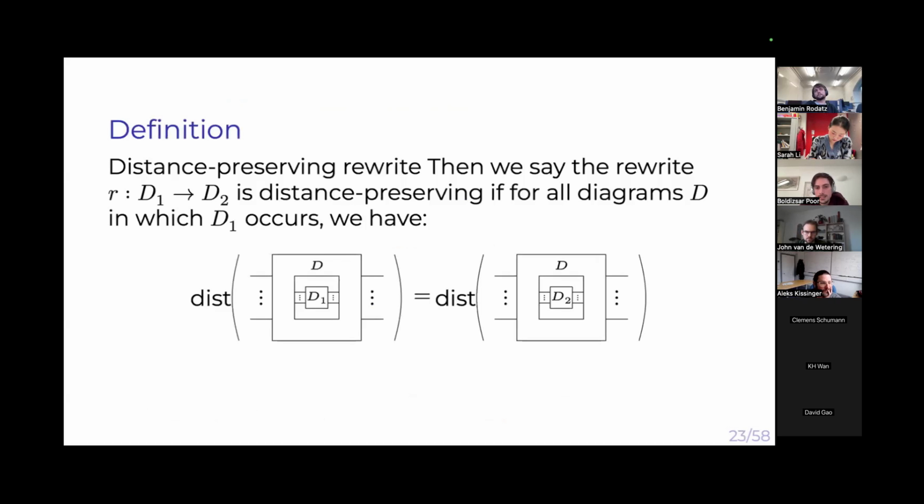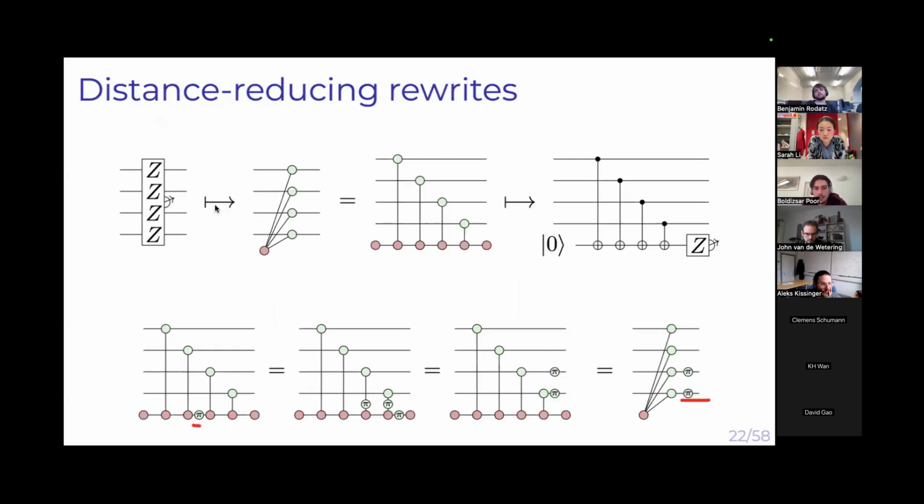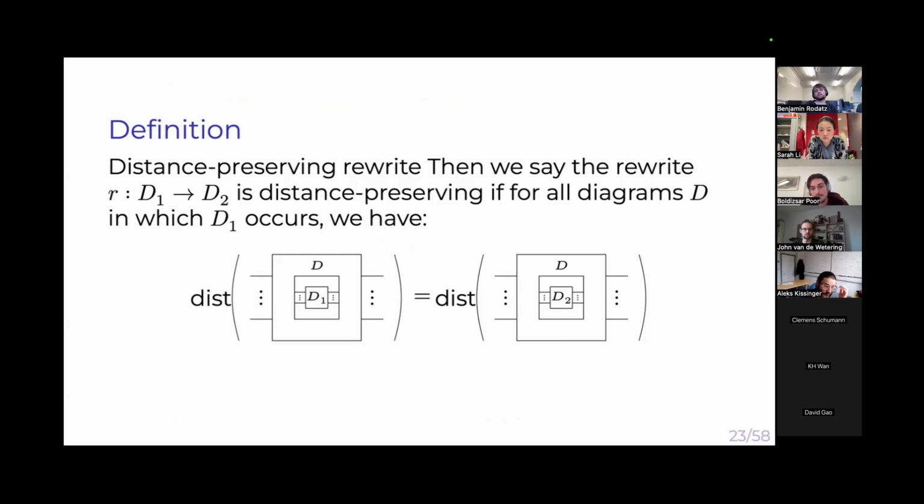Based on this, we define a distance preserving rewrite as something that preserves the distance after rewriting from D1 to D2. From this example, we already see that the general fusion rule is not going to be distance preserving, but some rules might be, as we will see a bit later on.